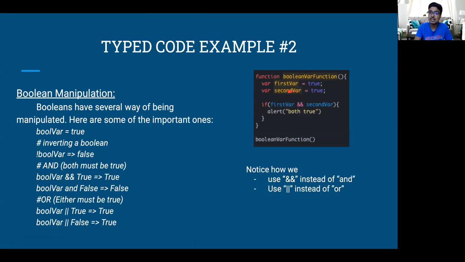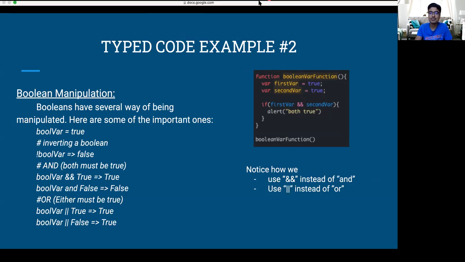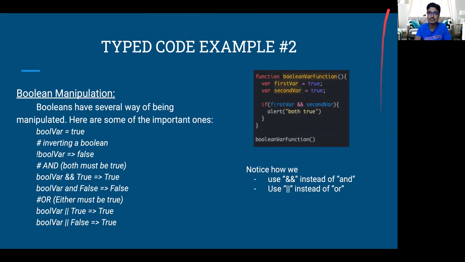And say second var was false, and you were using the or statement, then you would still be alerted with both true, because one of our values contains a true value, that being first var. Although this might be a bit confusing, guys, we'll definitely tackle this in our coding example today when we hop on our website.